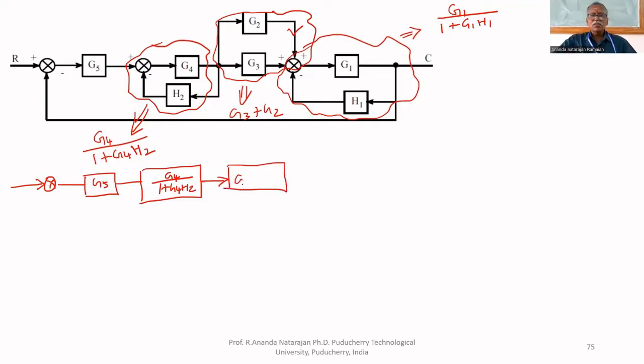These two are parallel blocks, that's why G3 plus G2. And this is feedback, so we can write G1 upon 1 plus G1H1.